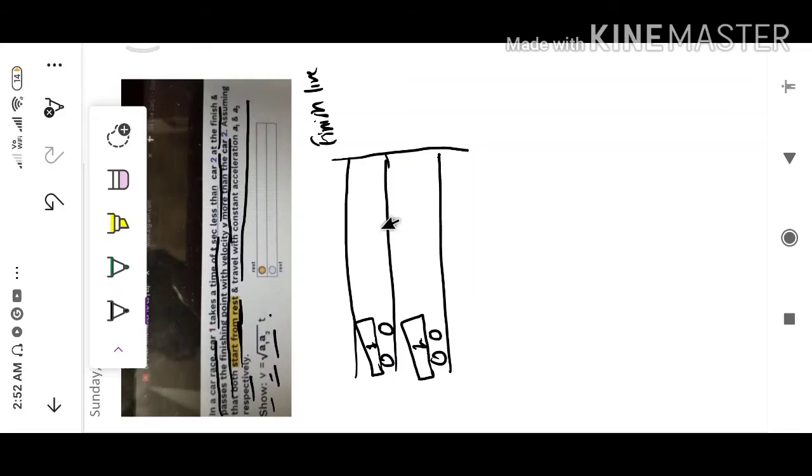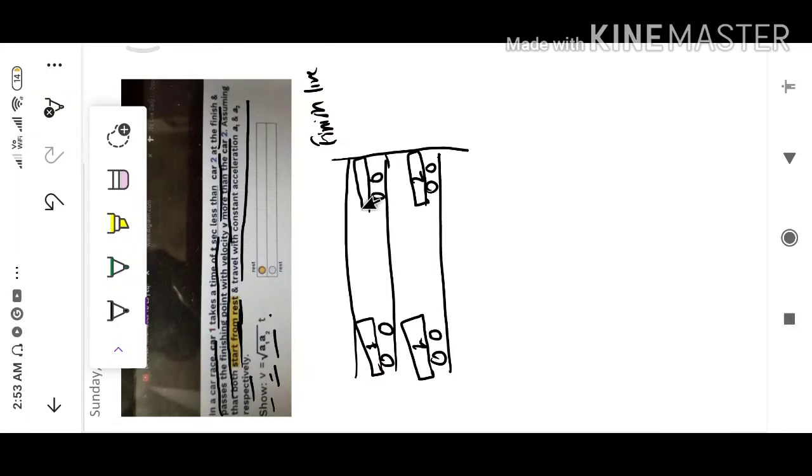Now according to the question, when car 2 reaches the finish point, after t seconds car 1 will reach the finish point.